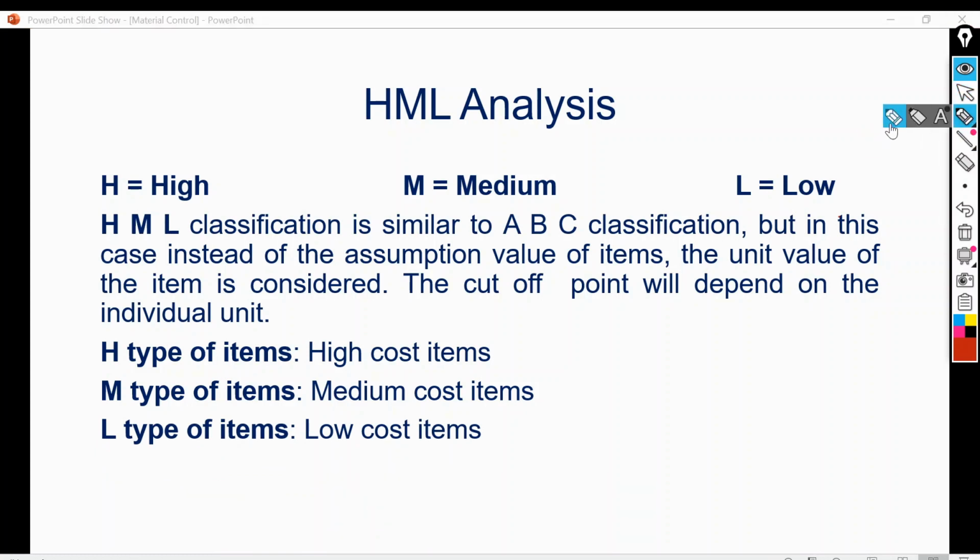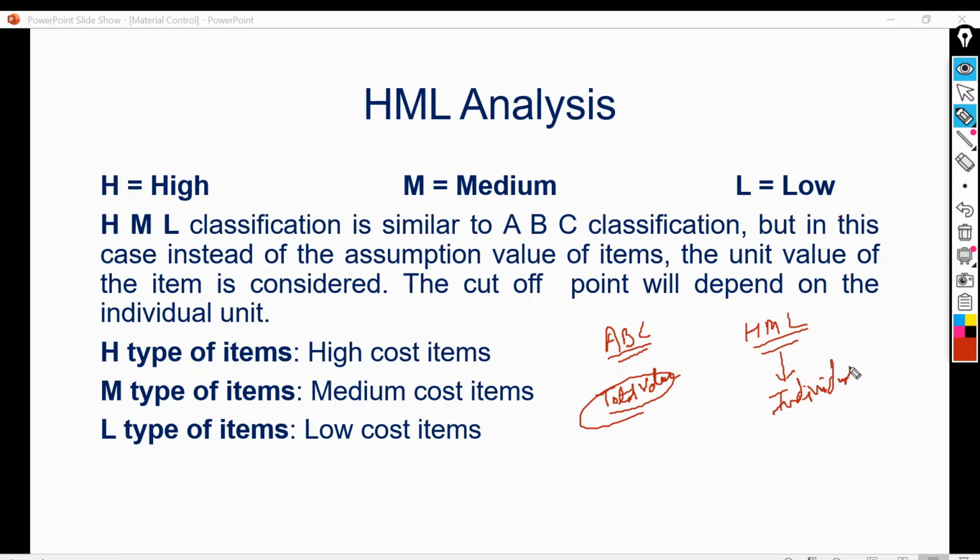The difference between ABC and HML is that under ABC we consider total value, but in HML we consider the individual price of the goods, that is the criteria: high price or high cost item, M price means medium and L for low cost.